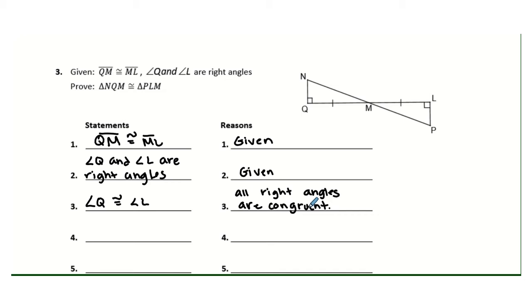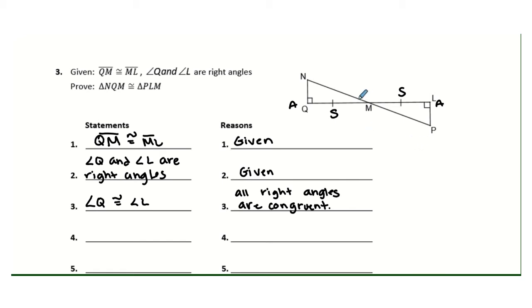Now, what else do we know? So let's see, we have a side and an angle. So I could either find something else about another side to have side angle side, or I could find something about another angle to have angle side angle. What do we know?